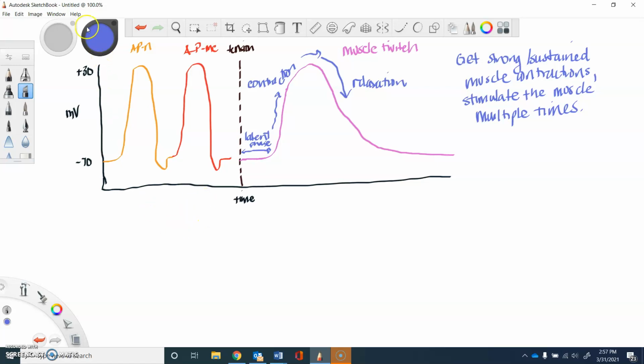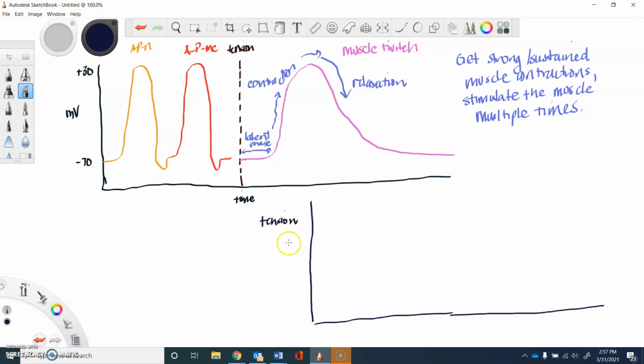So if we look at it on another graph here, let me make another graph. And again, we're talking about tension because we're talking about the muscle contraction now. So tension is on that side, time is on this side. And if we have a muscle, that muscle is at rest, right?